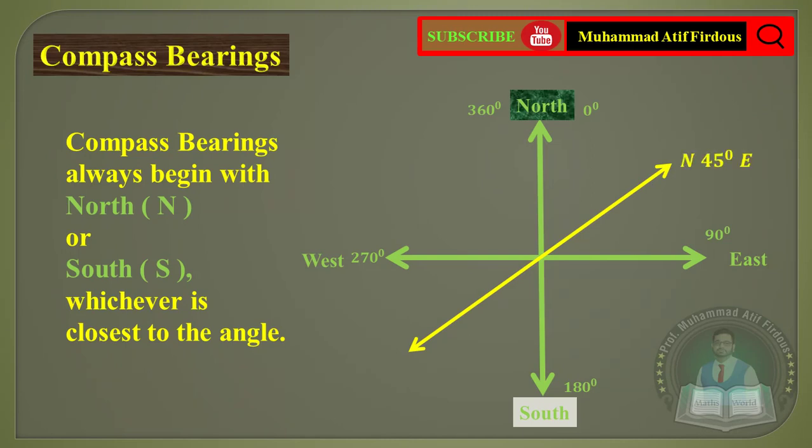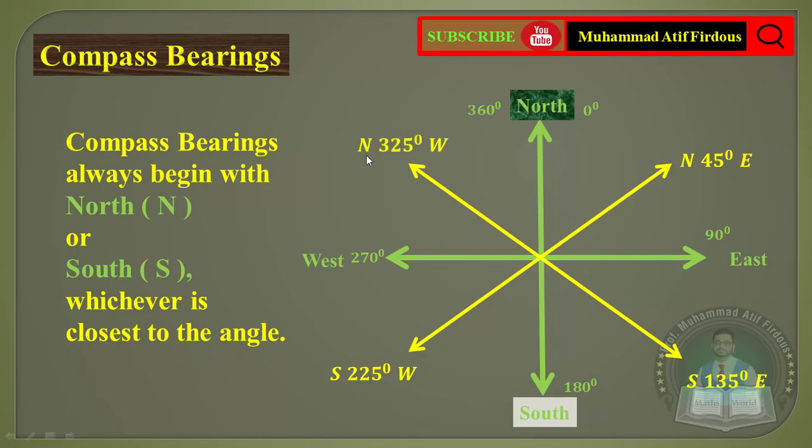North 45 degree east: when we split 90 into two parts, we have 45 degree, and we can write it as N45 degree E, or you can split further and write it as S45 degree E. You can say this is your S45 degree W, and lastly you have N45 degree W.